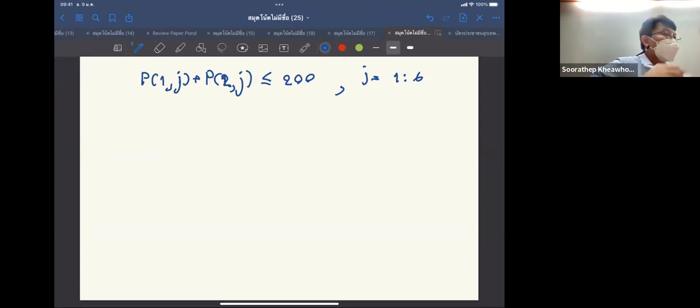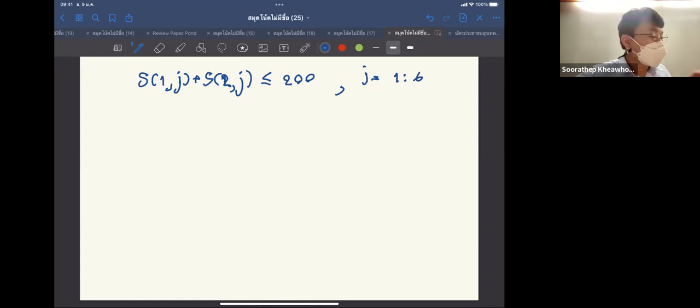Oh, sorry. It's not P, it should be S. It's not the amount of oil we purchase. The capacity is defined by the amount of oil we sell, because we purchase and can keep it to be used later, but for selling in that month, we have to process it before.